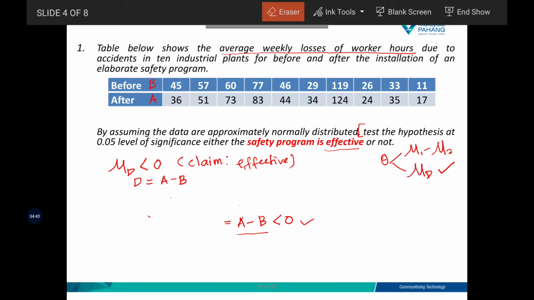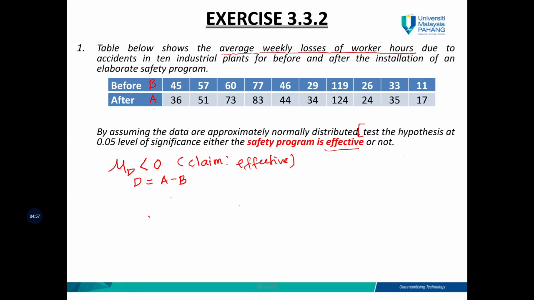Now that we have identified the claim, the next step is to construct the hypothesis as usual. Look at this one, it is less than. Since there is an unequal sign here, this hypothesis is under H1.